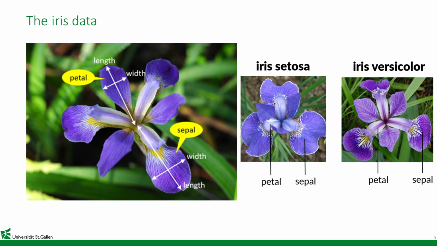By looking at the two flowers, the iris setosa and the iris versicolor, we can see that these two flowers look different. And if you recall the figure on the prior slide, where we had a scatter plot indicating which flower was which, just by observing the petal length and the sepal length, we were already able to do some kind of pattern recognition.